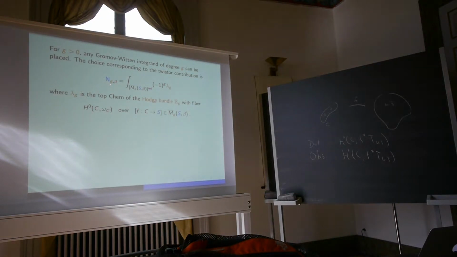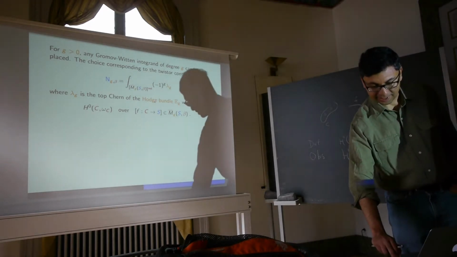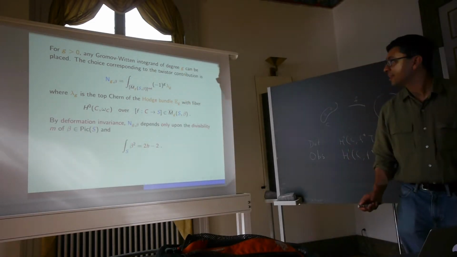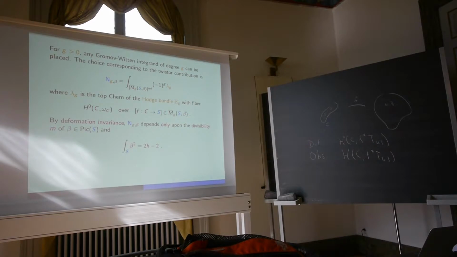This is the number of genus g curves on this K3 surface, and this moduli space has dimension g, so we have to put some integrand, and the integrand that comes is this Hodge integrand. It's the top Chern class of the Hodge bundle, the bundle whose fiber is the holomorphic differentials. All right, so that's more or less the definition of the problem. By deformation invariance, this number depends only on the divisibility of M in the Picard lattice and the self-intersection.